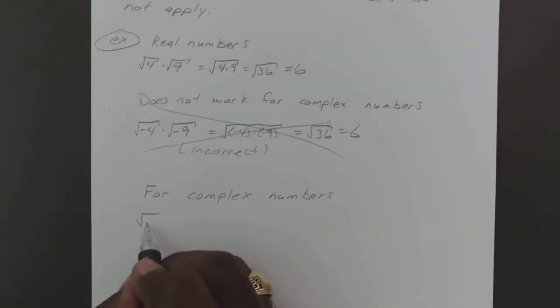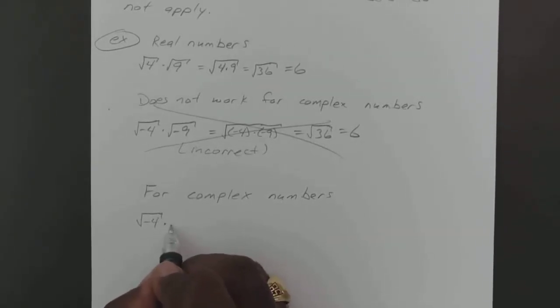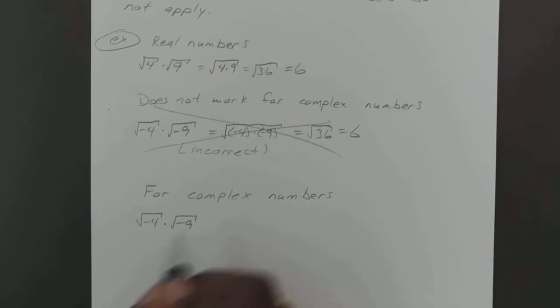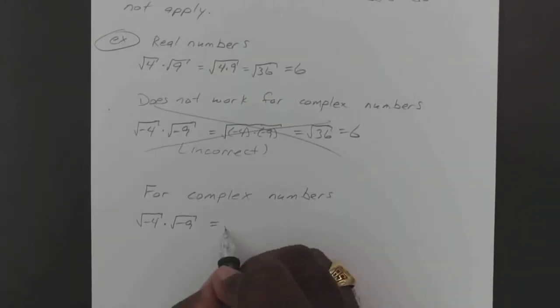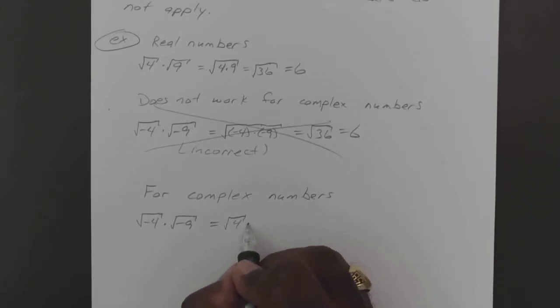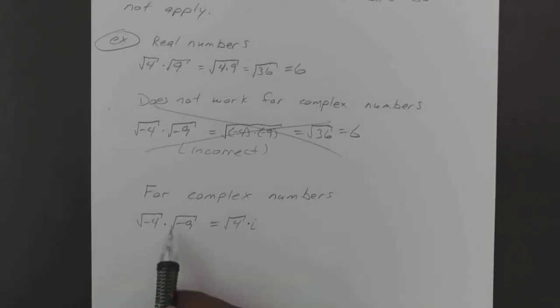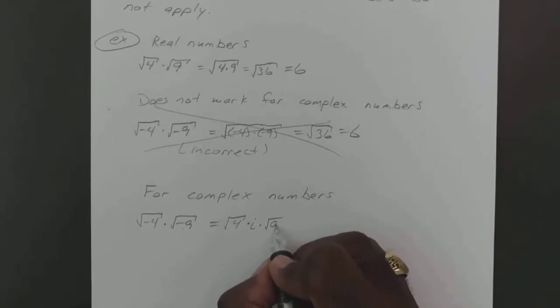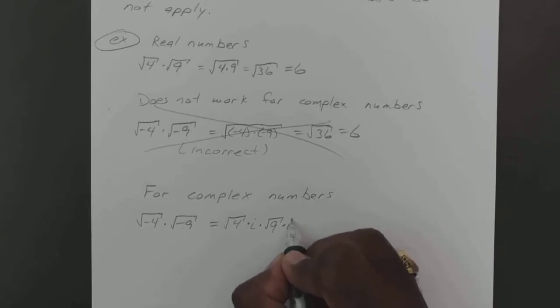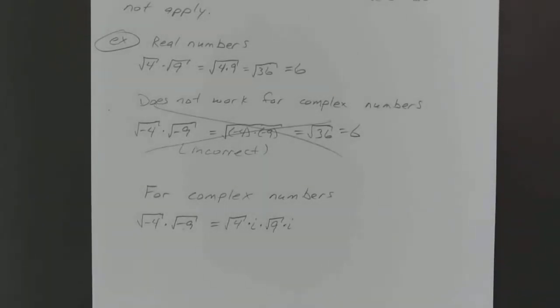Now for complex numbers, if we had square root of negative 4 times square root of negative 9, that would actually become square root of 4 times i times square root of 9 times i. So the 9i is just 9 times i.